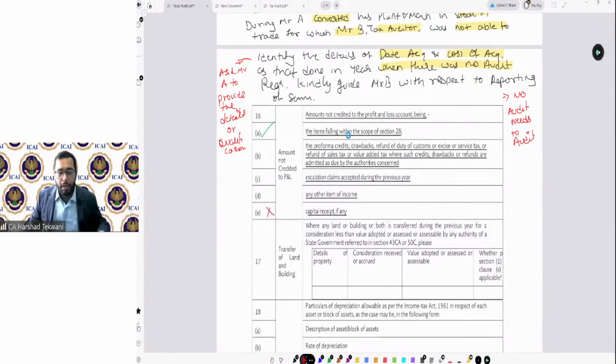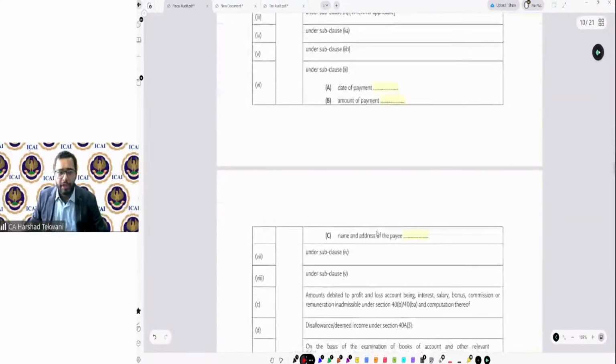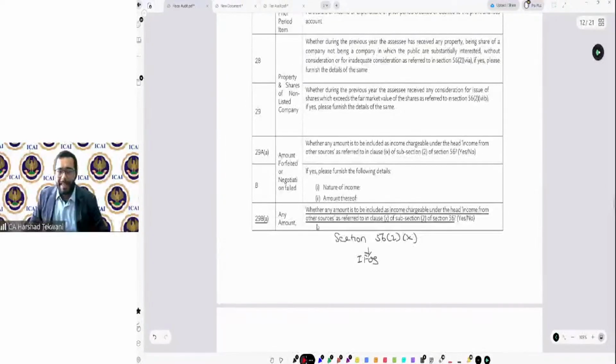Great job. Now the question comes, whether I will record this transaction under 29BA, whether any amount is to be included as income chargeable under the head income from other sources, as referred to in clause 10 of sub-section 2 of section 56.